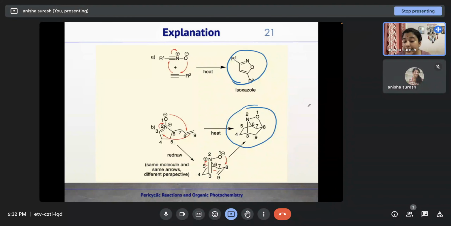In the second case, the same molecule has the 1,3 dipole and the dipolarophile within itself, and upon heating it will undergo an intramolecular 1,3 dipolar cycloaddition, leading to the formation of this complex ring system.